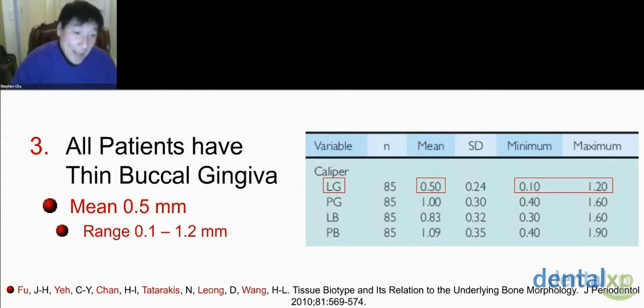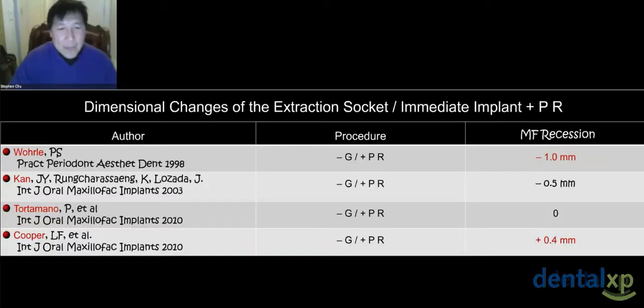I don't know where they get them, but he said they were fresh skulls, and he's a very good researcher, so he basically found that the tissue was thin. These numbers of 1 millimeter or less, 0.5 millimeter or less, or 0.5 millimeter of tissue thickness keep reoccurring. So the bottom line is that there is a lot of potential danger associated with immediate implants in the aesthetic zone because the buccal plate is very thin and so is the tissue.